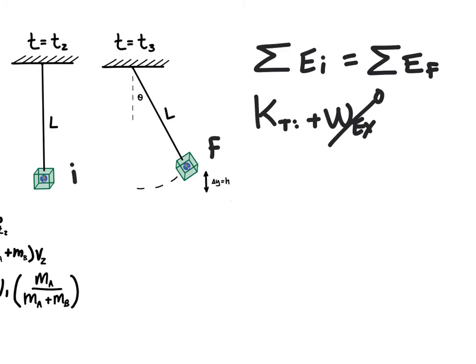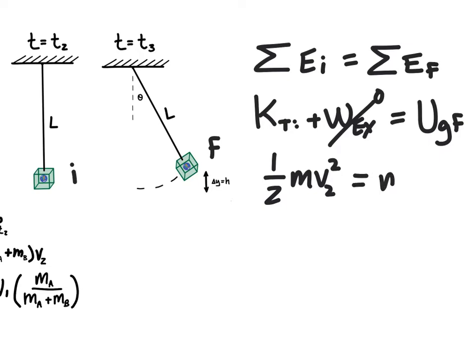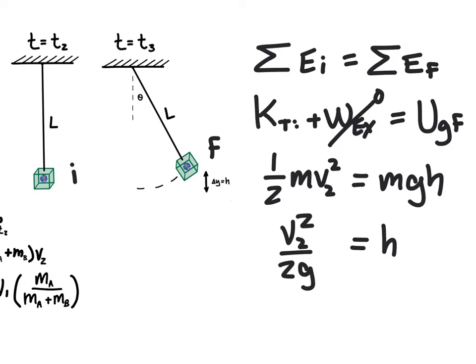I always like to put the external work term there just in case we have anything entering or exiting the system. And then we're going to plug in our formulas. 1/2 mv squared is going to be equal to mgh, and you're solving for h in this case. So we end up with v2 squared over 2g.